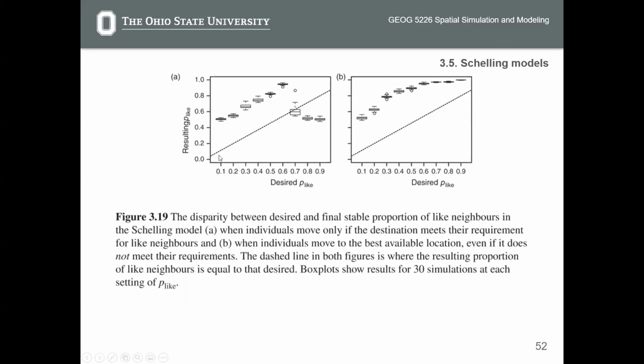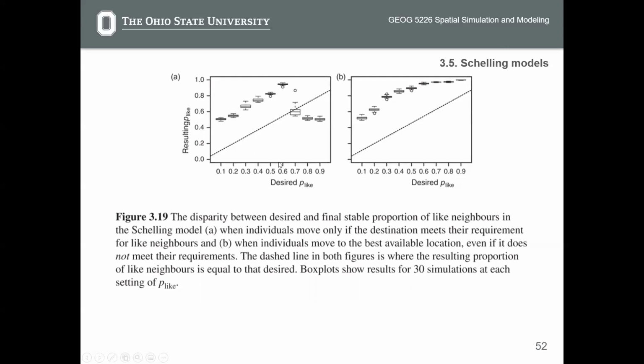We also have another reference here, a dashed straight line. It's where desired p-like equals resulting p-like. If your resulting p-like is well above this line, it means that everybody's situation is getting better during this process. And here we have several bar plots.